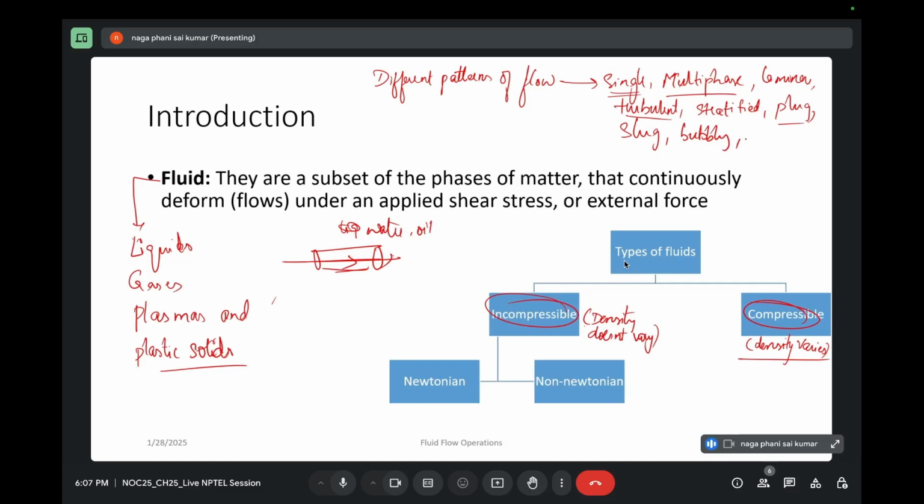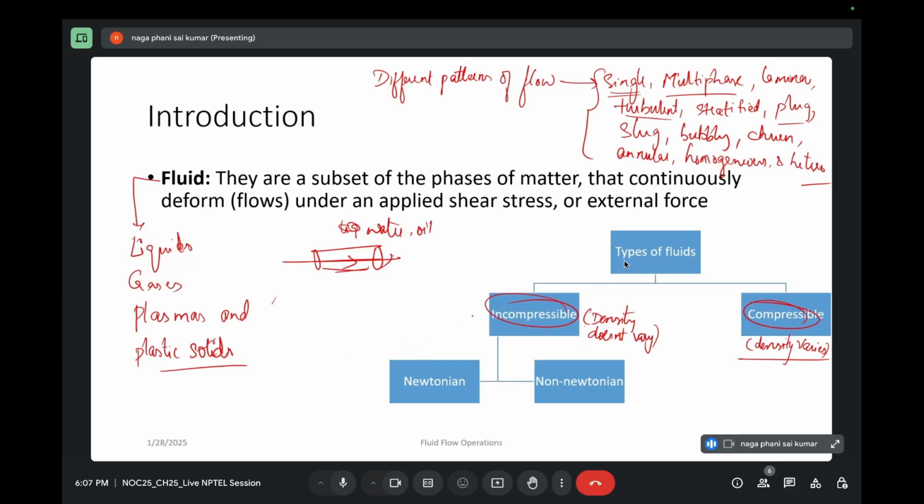And these are other categories of flow patterns: bubbly flow, churn flow, annular, homogeneous, and heterogeneous. We'll come back to all these different types of flows in subsequent sessions.